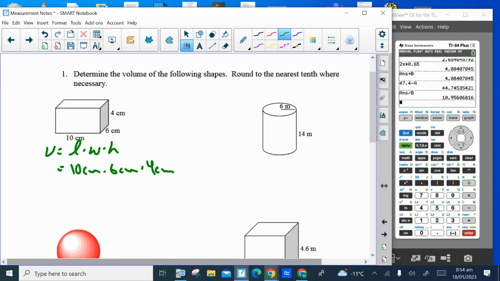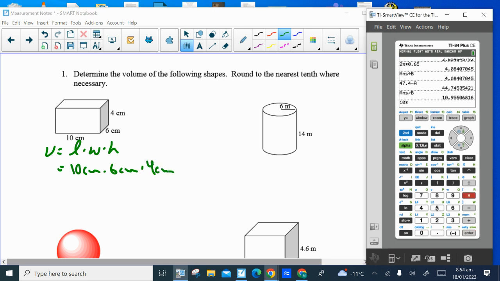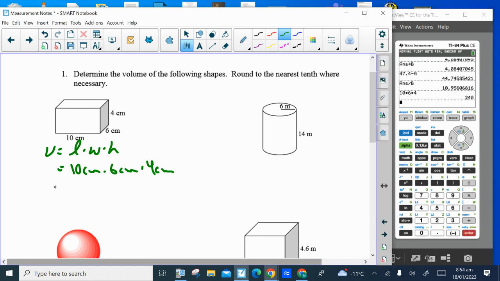So you're going to multiply those 3 numbers together. 10 times 6 times 4, 240. And because you're multiplying centimeters times centimeters times centimeters, that's centimeters cubed. So what does this mean?